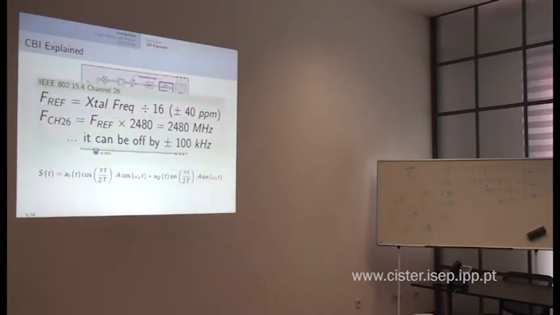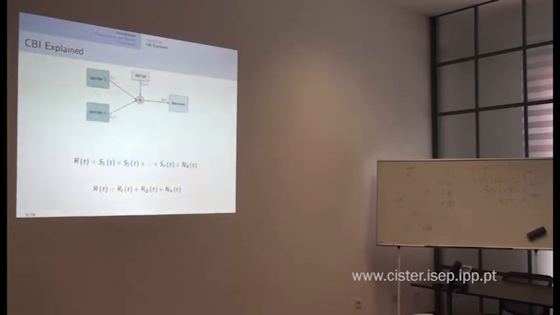You multiply this very stable reference frequency, the quartz crystal, by this large number, and you get the frequency you want, which you put on the antenna. But it just happens that the uncertainty we had in the frequency here translates into 100 kilohertz in this 2.4 gigahertz carrier. That is a bit funny, and we'll see why.